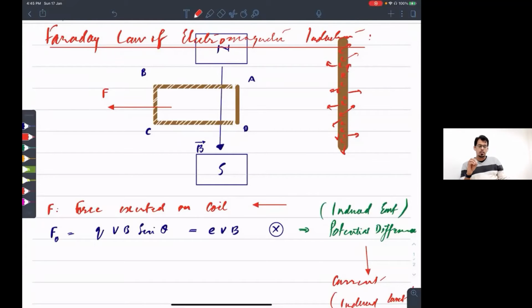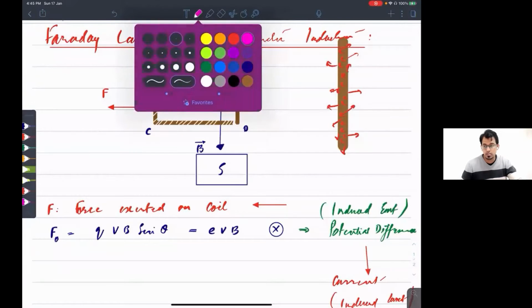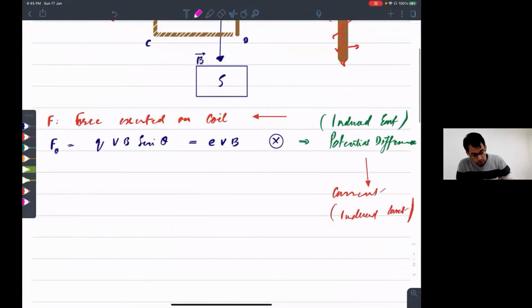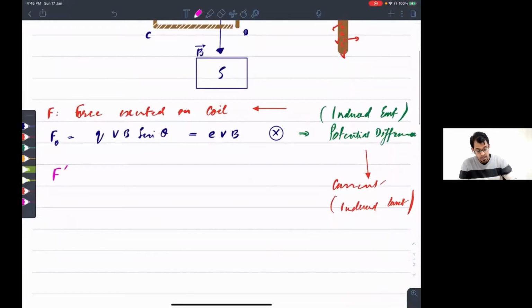Now, whenever a current carrying conductor is placed in a magnetic field, a force is exerted on that conductor. Do we know what that force is? ILB sin theta. So there must be a force. I'm calling it F dash, and this is ILB sin theta.